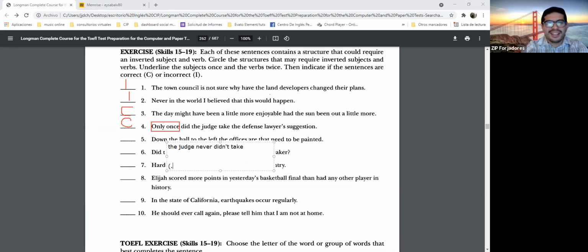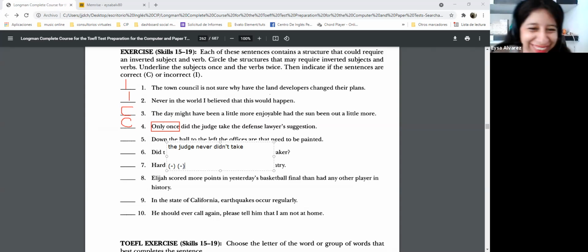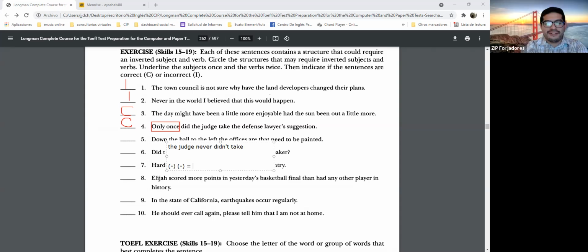Okay, so in math, if you have one negative and one negative, it's affirmative. Exactly, so it changes to affirmative. Now in a language, you cannot put a negative connotation with a negative grammatical sentence, because you're not going to put negative with negative.